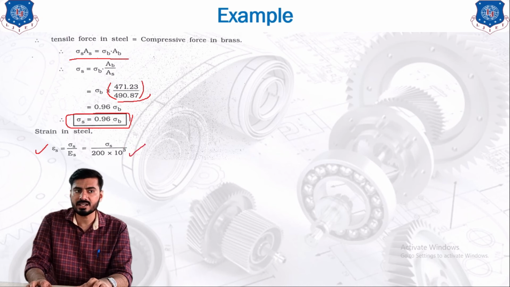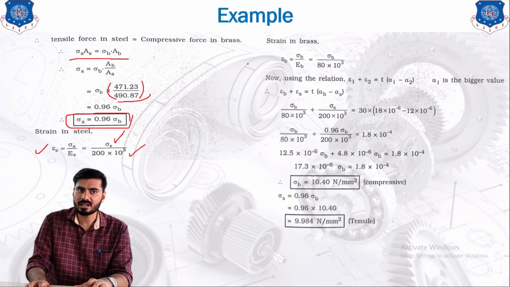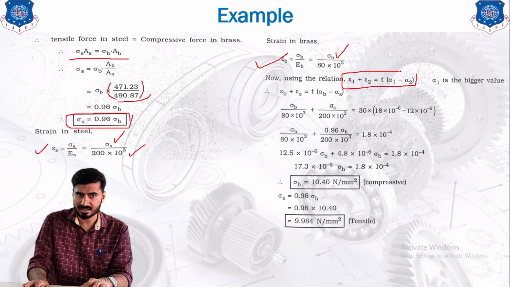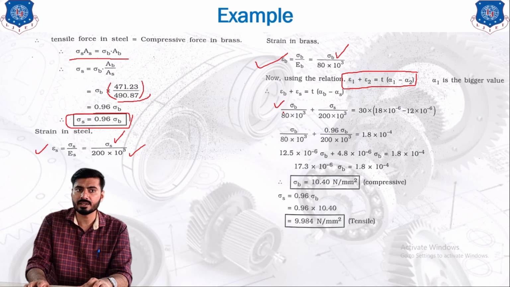Now putting the value of E_S, we can get epsilon S in terms of sigma S. Similarly, we calculate epsilon B in terms of sigma B. Now if we put both these values in step number 2, which we discussed in our theoretical portion, this will give us the final equation like this.